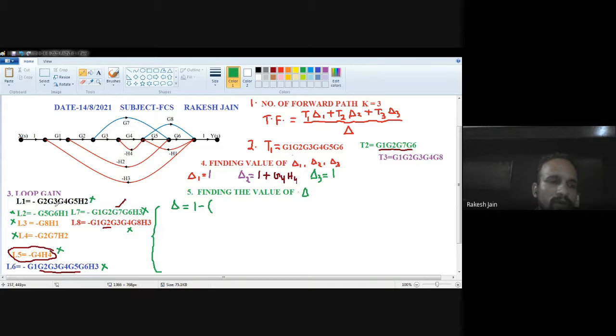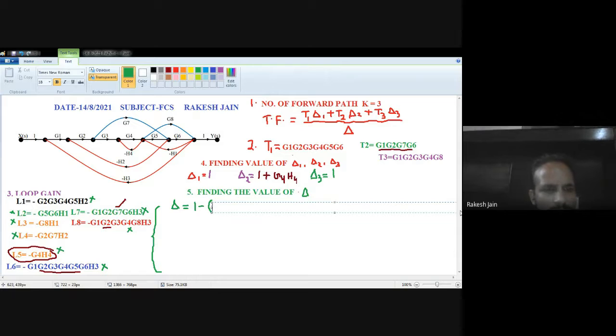We have already found all those loops. So what are the loop gains? Now see very carefully. So the sum of all those loop gains. So 1 minus, I will write down the values so you will understand.